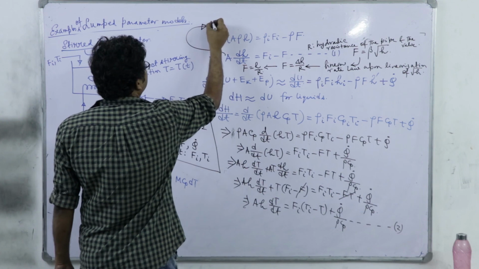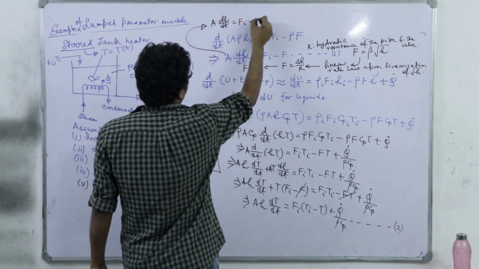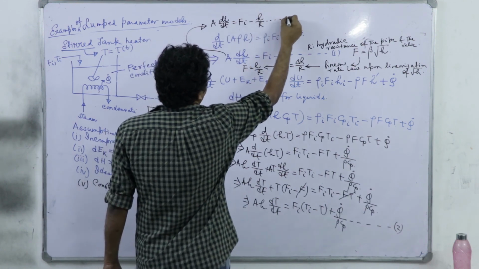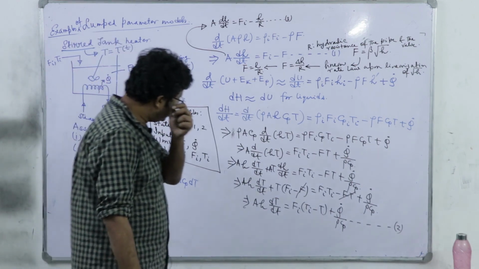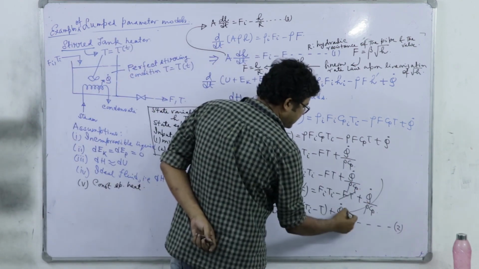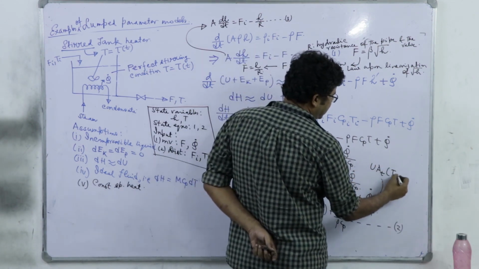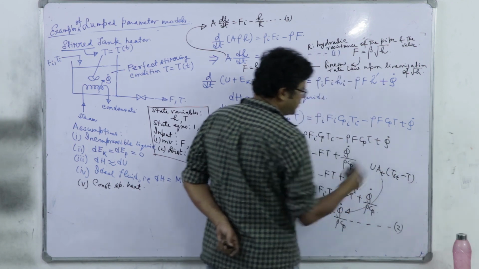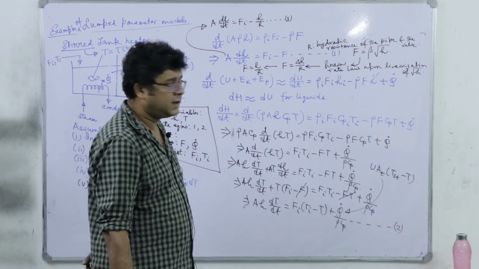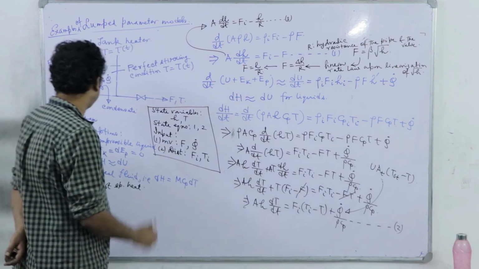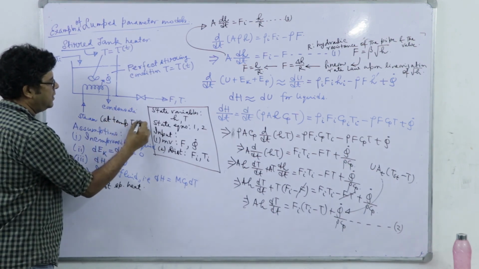So if I use the linear rate law, A dh/dt will be equal to Fi minus h by R. Let us call it equation 3. And here this q dot we can replace by U into At into (Tst minus T), where U is the overall heat transfer coefficient, At is the area of the coil, and Tst is the steam temperature, steam at temperature Tst.